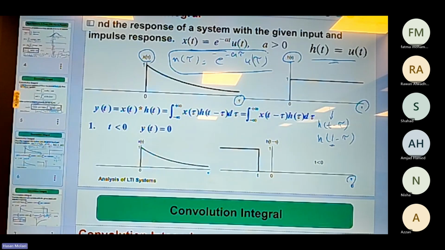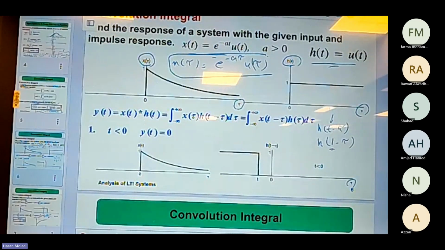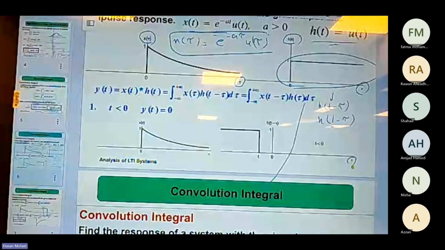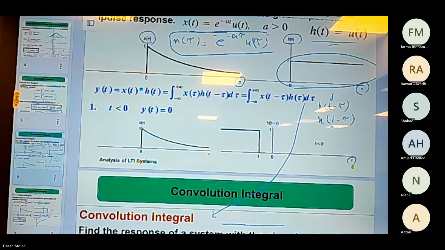So if I have h drawn like this, h(tau plus 1) is like this: I move 1 unit to the left.